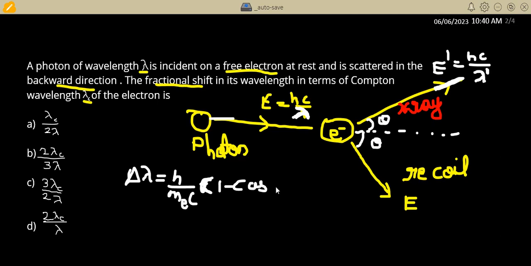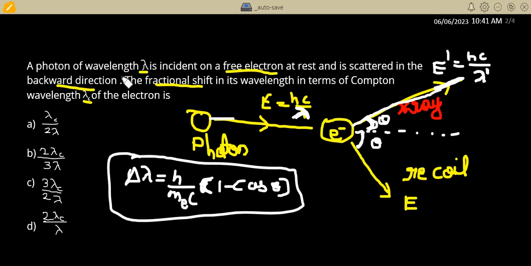What is this theta? This is the angle of divergence. The photon travels in a straight direction, but it is diverted from its original direction by the angle theta. So this is Compton's formula.